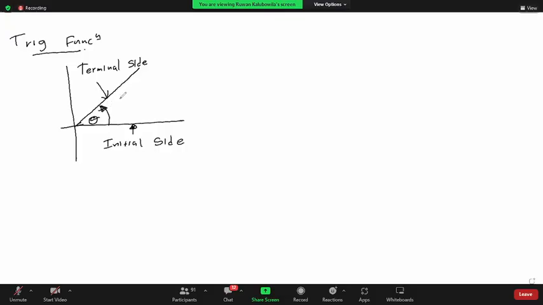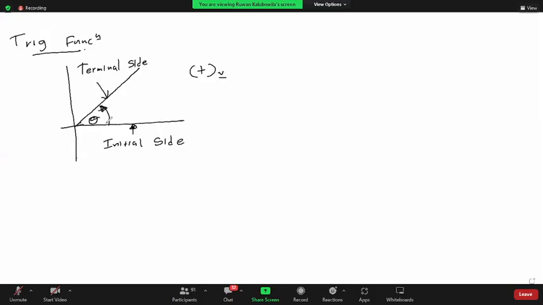So how to define an angle? We call this a positive angle. So how to define positive angles?